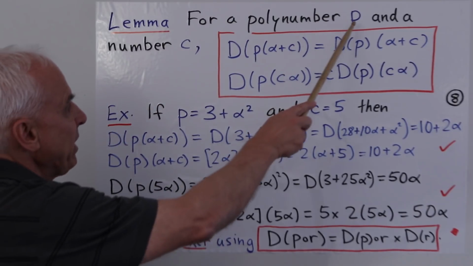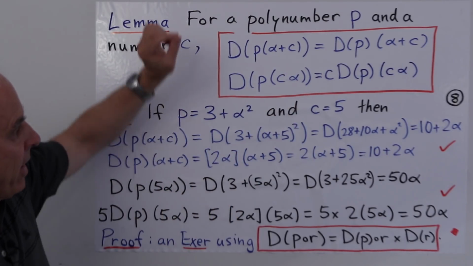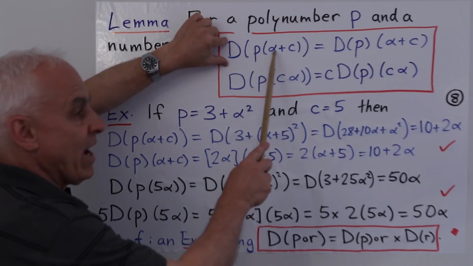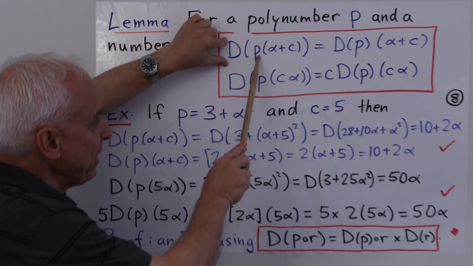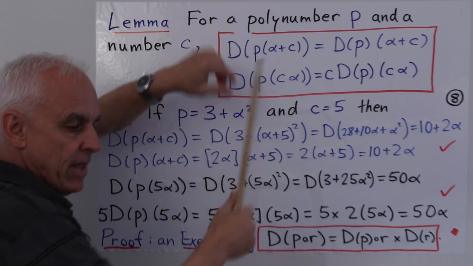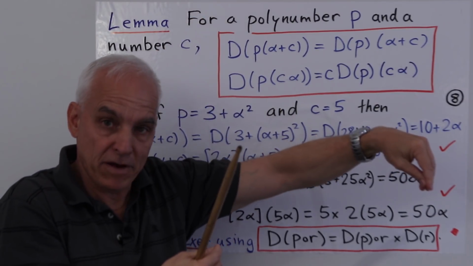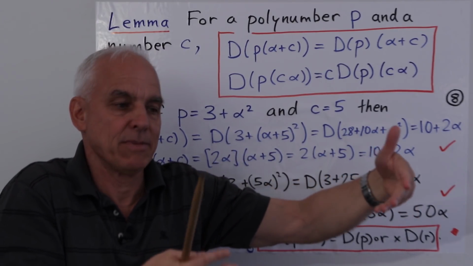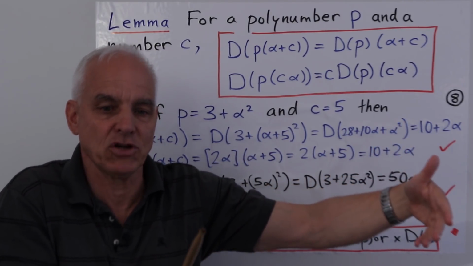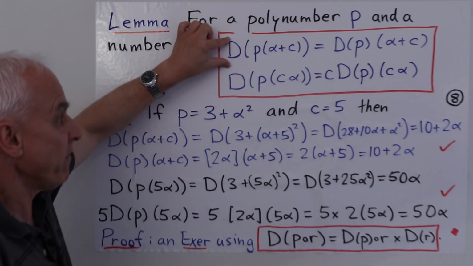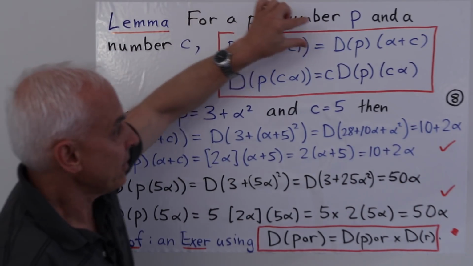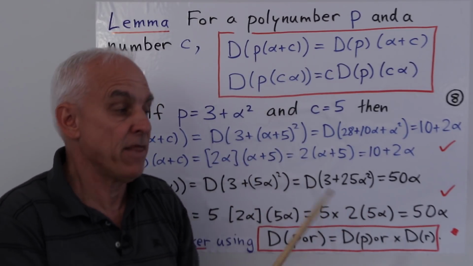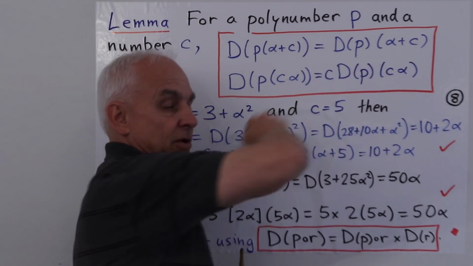For a polynumber p and some number c, here's what happens when we take the derivative of a translate. If we look at the polynumber p of alpha plus c, that means wherever you see an alpha in p, you replace the alpha with an alpha plus c. It's like some kind of algebraic translation of p. And you take the derivative of that. The claim is that's the same as just taking the derivative of p itself and then replacing alpha with alpha plus c.